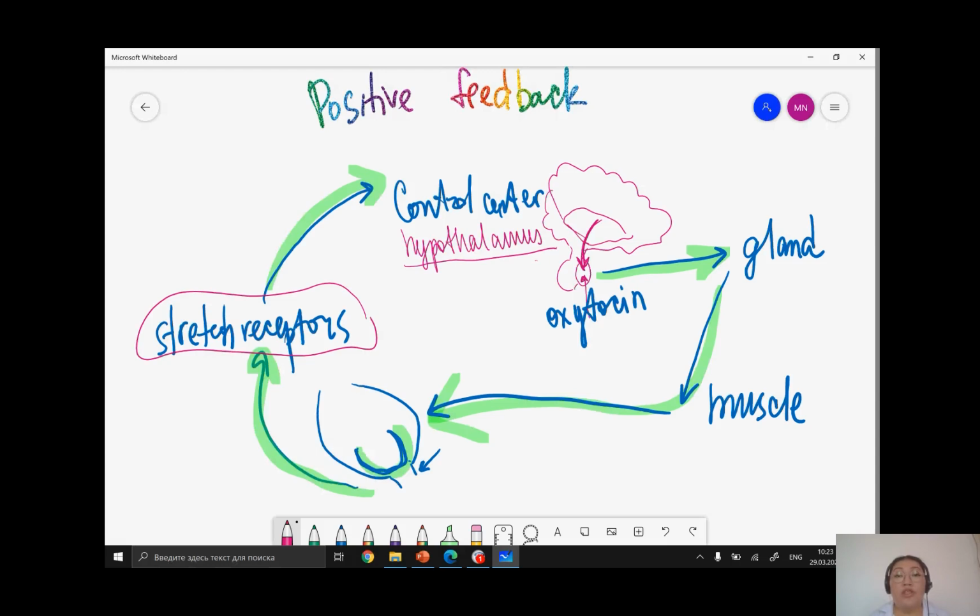Until the moment the child's head goes out. That's where we finish. The positive feedback continues until there is no stimulation, meaning the stimulus has changed totally, or you achieve some goal. At this point, the child is born.